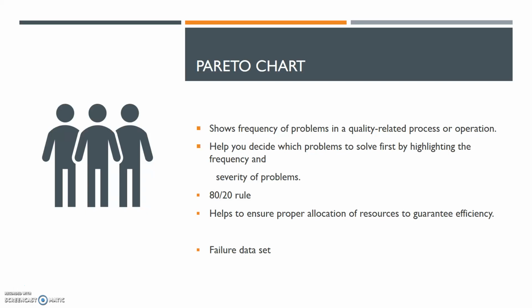It usually comes in the form of a bar and line graph, where you can see the representation in descending order by bars, and the cumulative total is represented by the line.